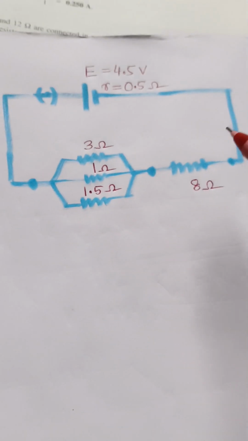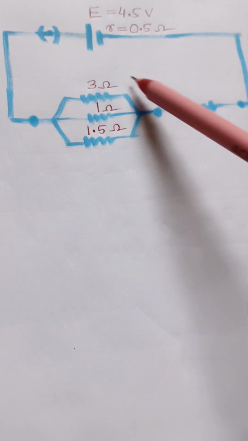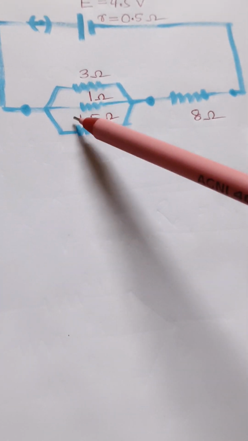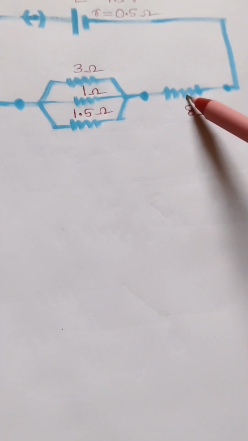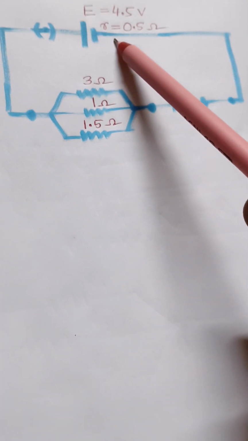So the main important thing is, these three are in parallel, the whole combination is in series with 8 ohm, and all of them are in series with the internal resistance.